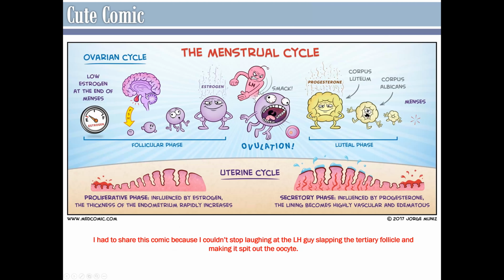And then the tertiary follicle that's left is going to turn into the corpus luteum, which is going to produce progesterone. And when you have progesterone, your uterine lining is going to change into the secretory phase where it's making all of this rich, glycogen-rich mucus. And then if your oocyte is not fertilized, this corpus luteum will degenerate into the corpus albicans. And then because you have a drop-off in hormone levels, that's going to trigger the next menses.